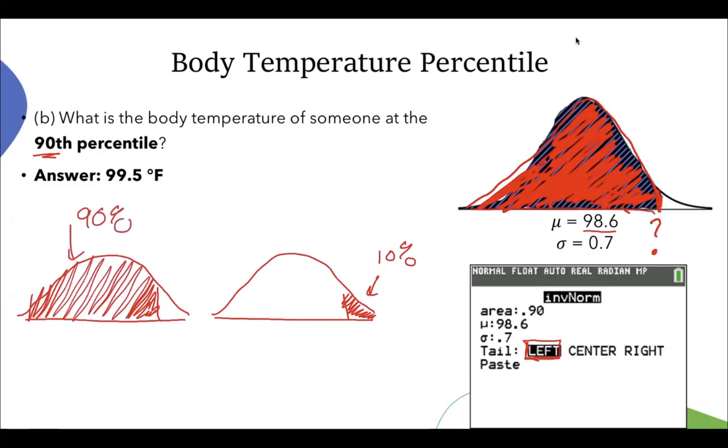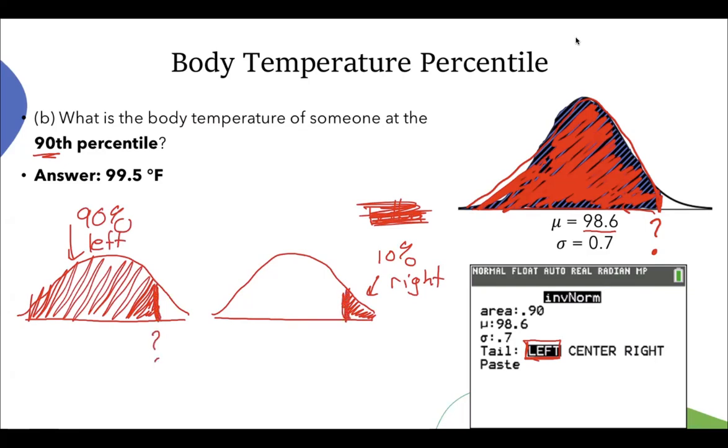in inverse norm, if I use the top or the right with 10% and I use the bottom or the left with 90%, the same answer will come out on the calculator.